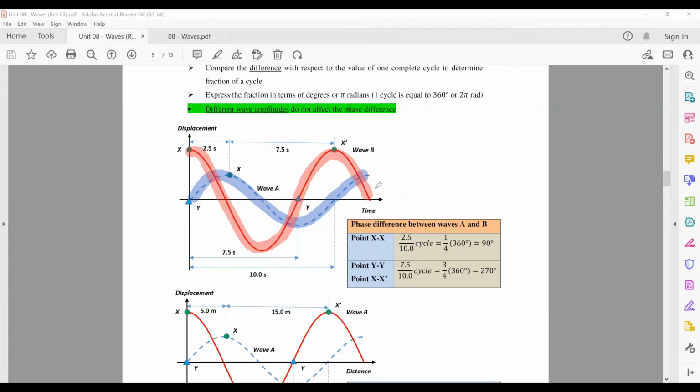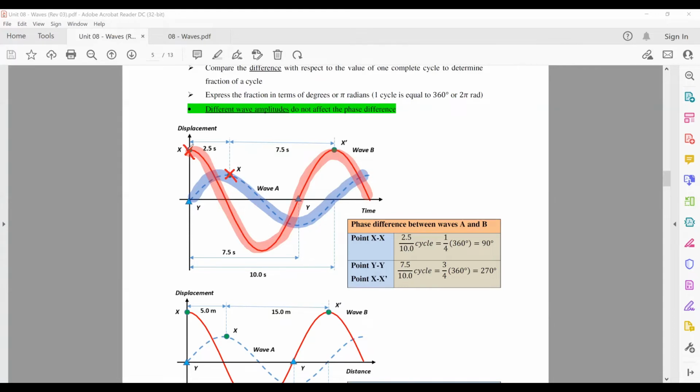So you will first need to select 2 points that are similar to each other, all right, on the waves. So say, for example, if for wave A, which is the red wave, I select a crest, on the other wave, wave B, I must also select a crest, which is this point.